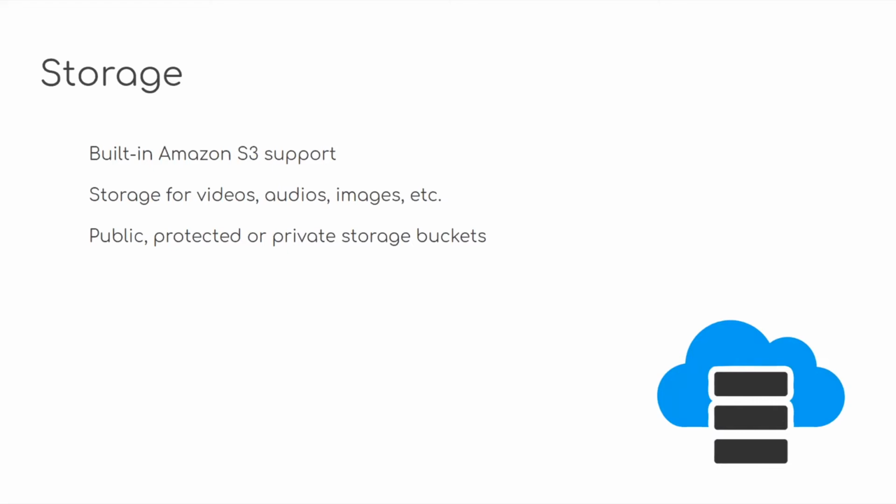And you can even create private buckets, so if you want to give more restricted access to your assets, that is even possible with Amplify. The Amplify CLI and all the libraries make all these things much easier.